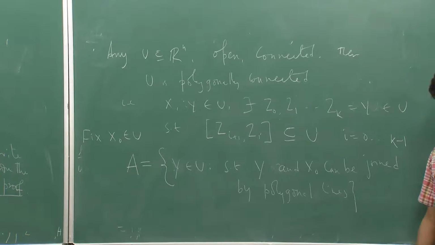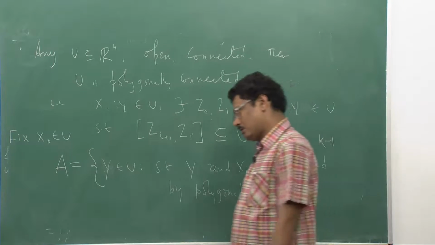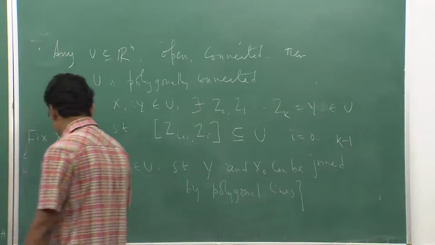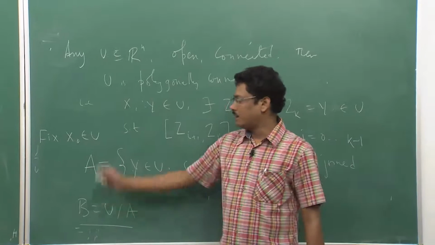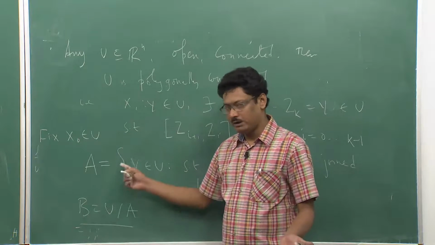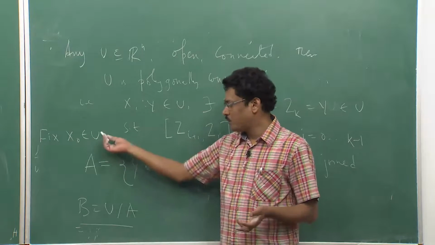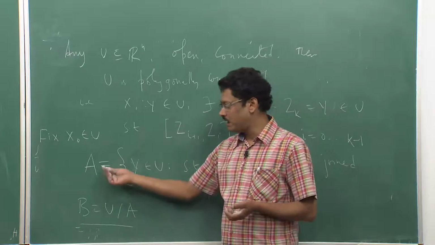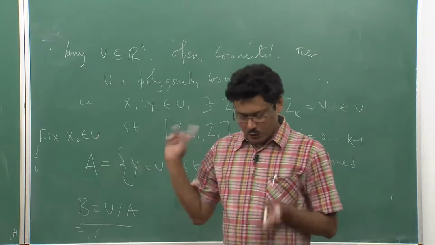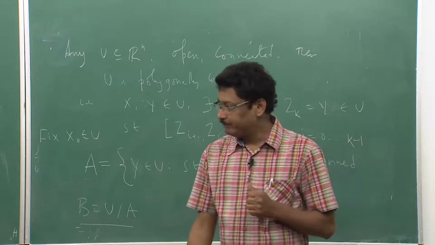A is a non-empty set and you show A is open, and you take B equal to A complement and you show B is also open. So you can write U as A union B, two disjoint sets, and both are open, U is connected. It will then obviously follow that U is either A or B, one of them is empty, but A is non-empty. So B is empty. So A is the entire U. So do this exercise, it is in assignment 2. Okay, that will end.